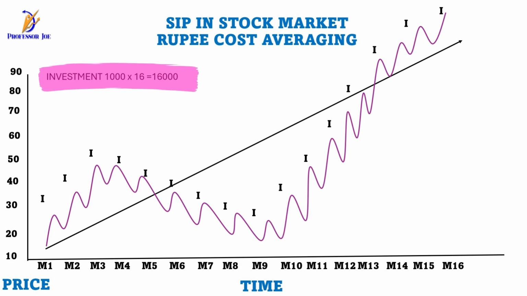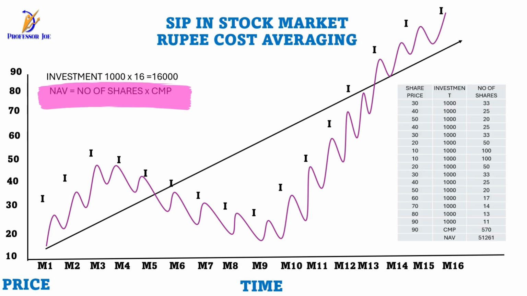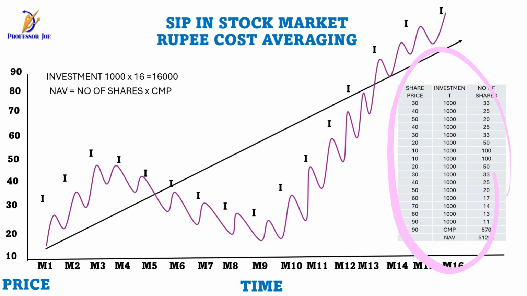Now, to find the NAV, you need to know the number of shares multiplied by the current market price. To find the number of shares, you have to do a small calculation. You are investing 1000 rupees every month, and there is the share price every single month. When you divide the investment by the share price, you get the number of shares.